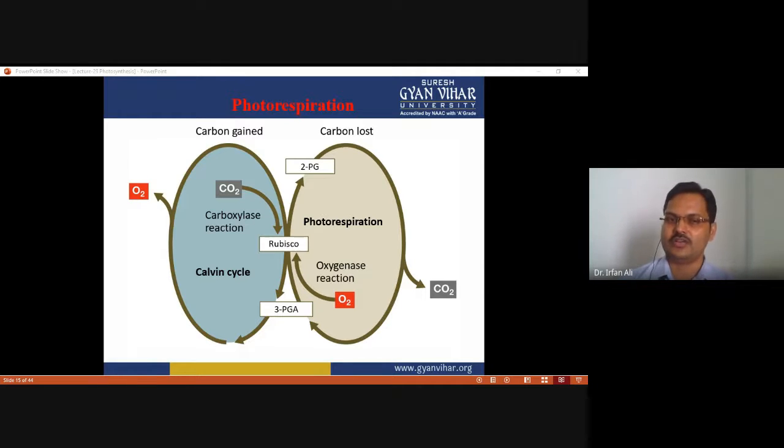That's why photorespiration is a wasteful process, in which oxygen is fixed by the Rubisco, and it produces 2-phosphoglycolate. If 2-phosphoglycolate is produced, ultimately it cannot convert into sugar molecules. So this is the wasteful process in the plants. This is photorespiration.